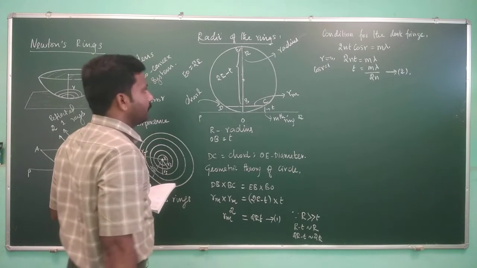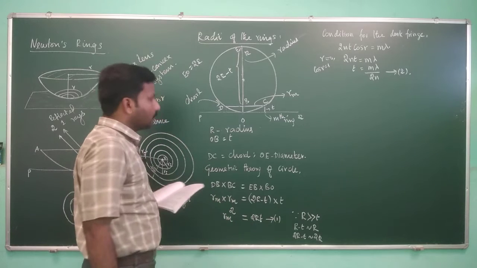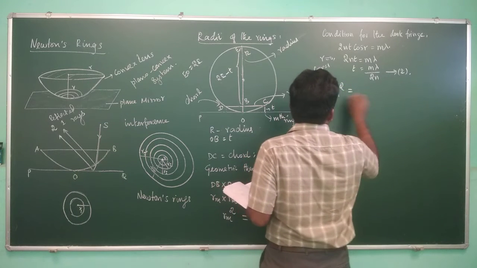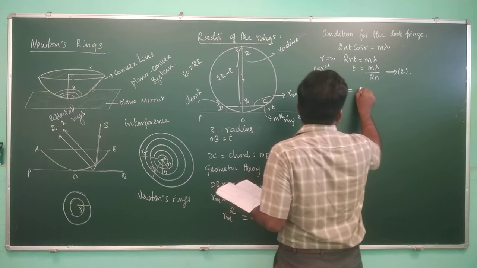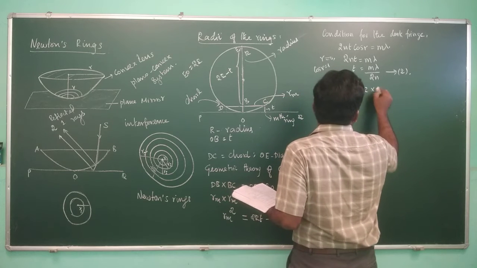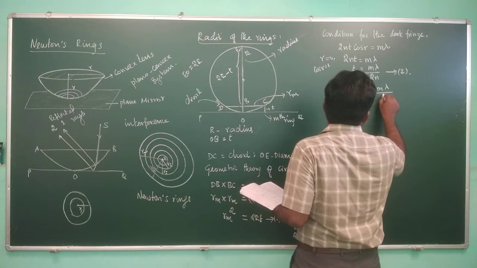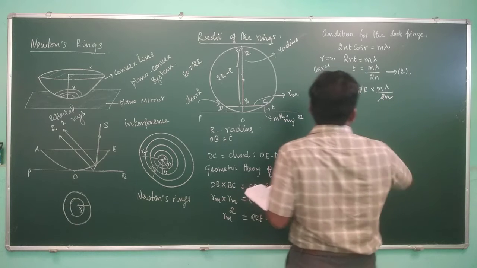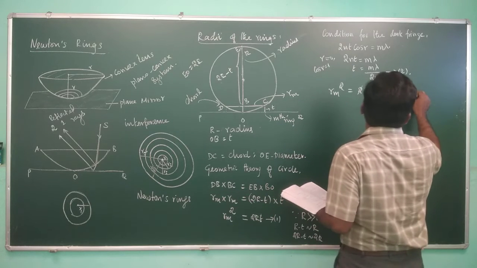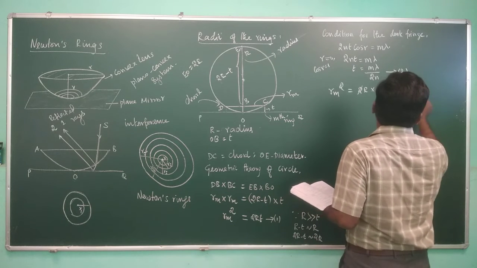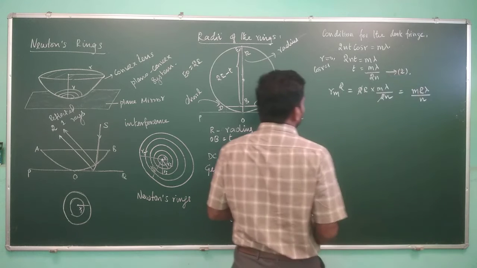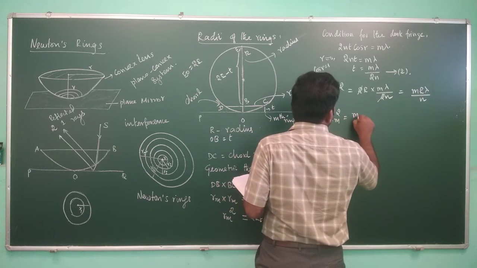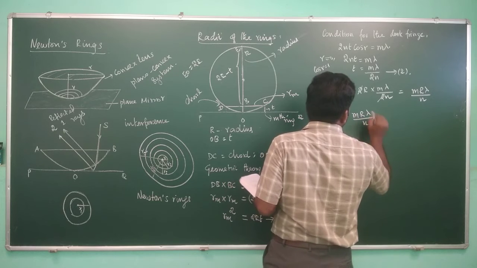Substitute that expression for t into equation number 1, we will get Rm square, which is equal to 2R multiplied by m lambda by 2n. So this 2 and this 2 will cancel out each other, so we will have m R lambda by n. So Rm square is equal to m R lambda by n.